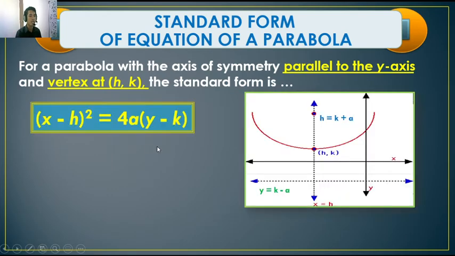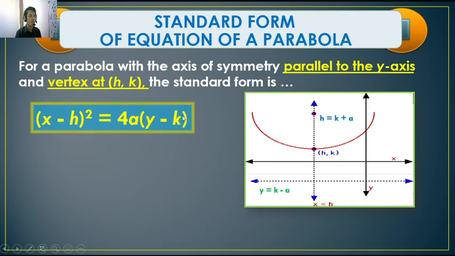But this time we have the squared of the difference of x and h is equal to 4a times the difference of y and k. This means that if the axis of symmetry is parallel to the y-axis and the vertex is at (h, k), the parabola opens upward.